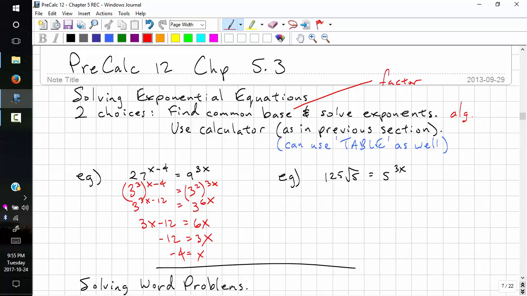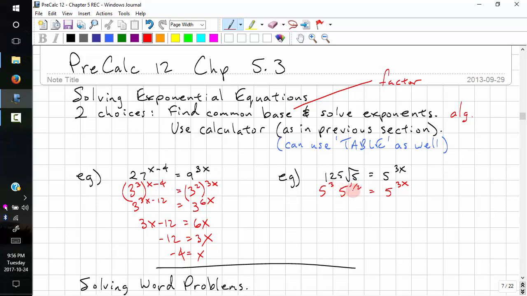Let's look at this problem. We have a base 5 here, we have a base 5 here, and this is also a base 5. So this is 5 to the power of 3. This is 5 to the power of 1/2. This is 5 to the 3x. When we are multiplying powers of the same base, we add the exponents.